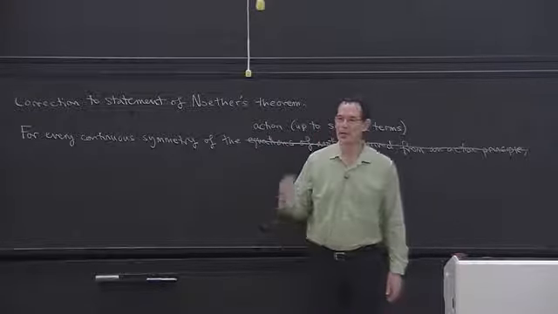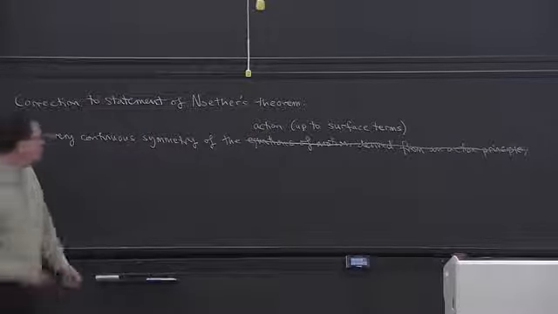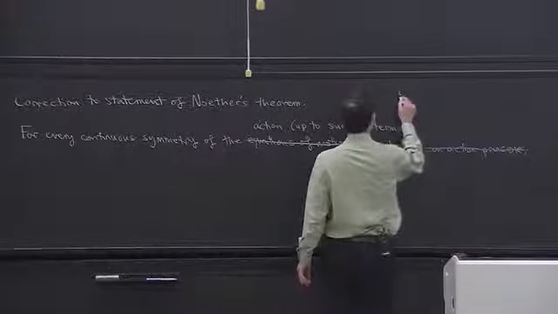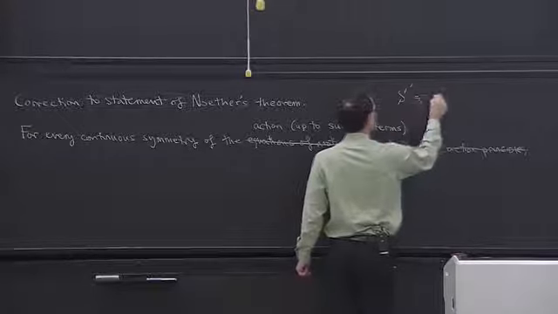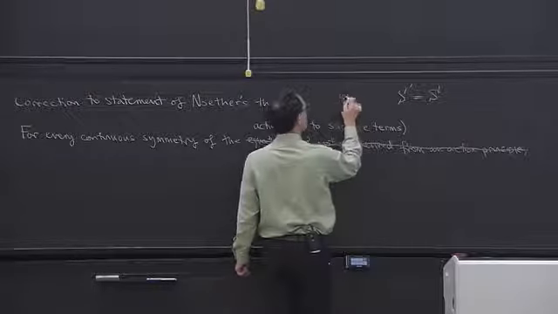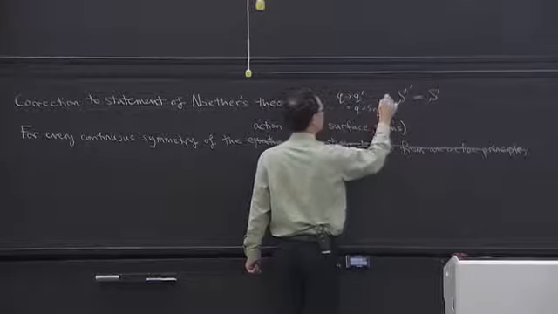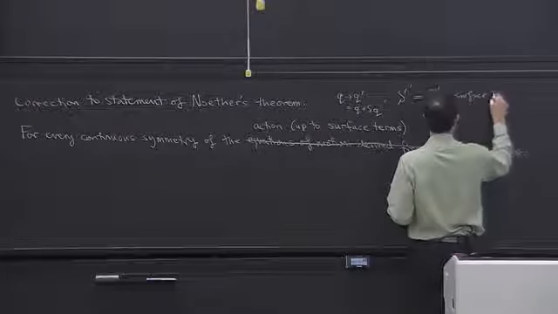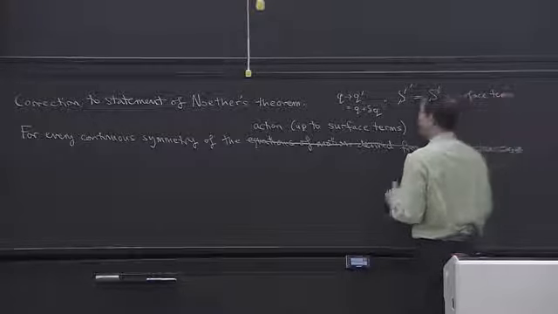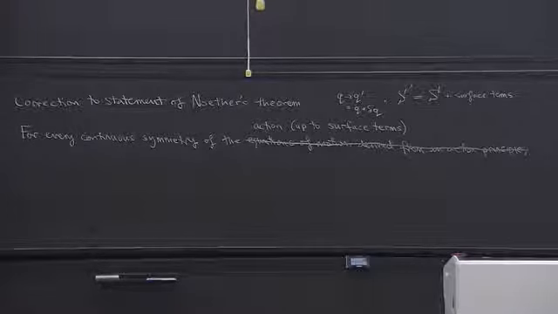And if that transformation leaves the action unchanged up to surface terms, in other words, if under the transformation q to q', which is q plus delta q, S' equals S plus surface terms, then it follows that the equations of motion for q imply the equations of motion for q'.